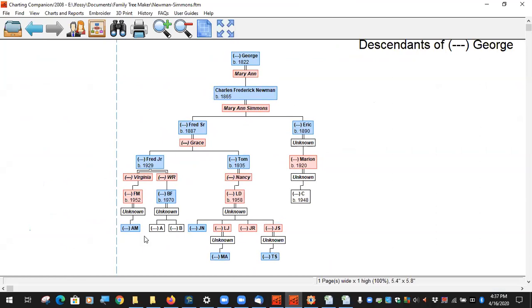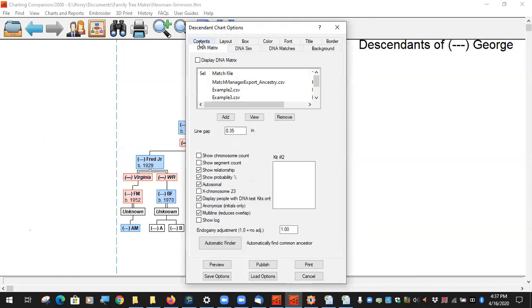But anyway, this is the way the tree looks. Now, if we add the DNA stuff, we tell it to display the DNA matrix. We will add the file. Here it's example A. And then here you can set the options.